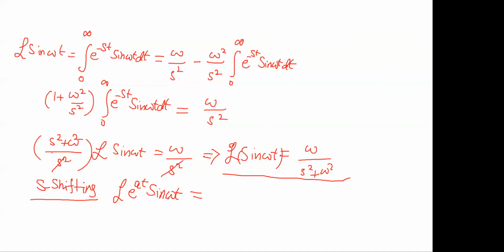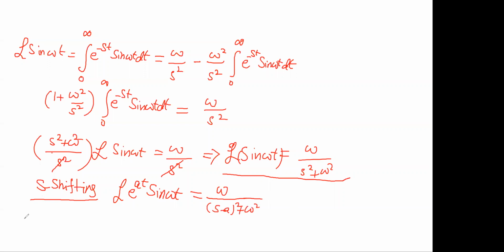But now sine of omega t is being multiplied by e power at. So its Laplace will be the same as the Laplace of sine of omega t, but s will be replaced by s minus a. So the Laplace of e power at into sine of omega t will be omega over (s minus a) square plus omega square.